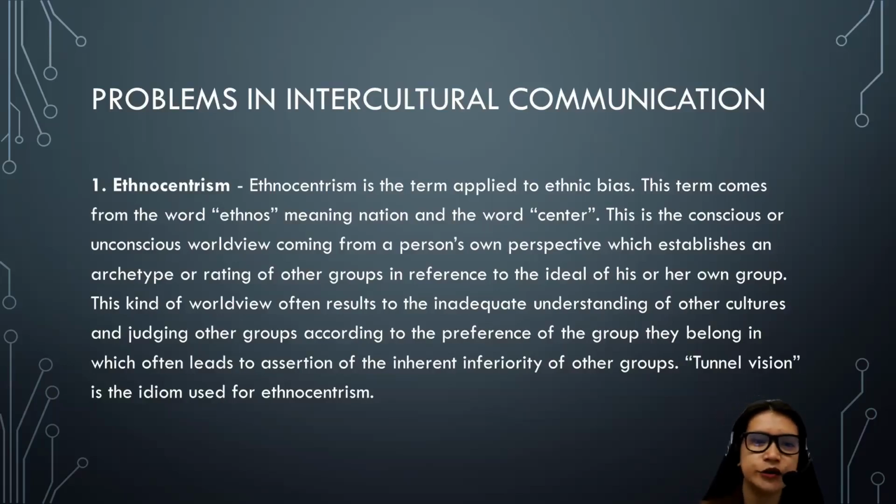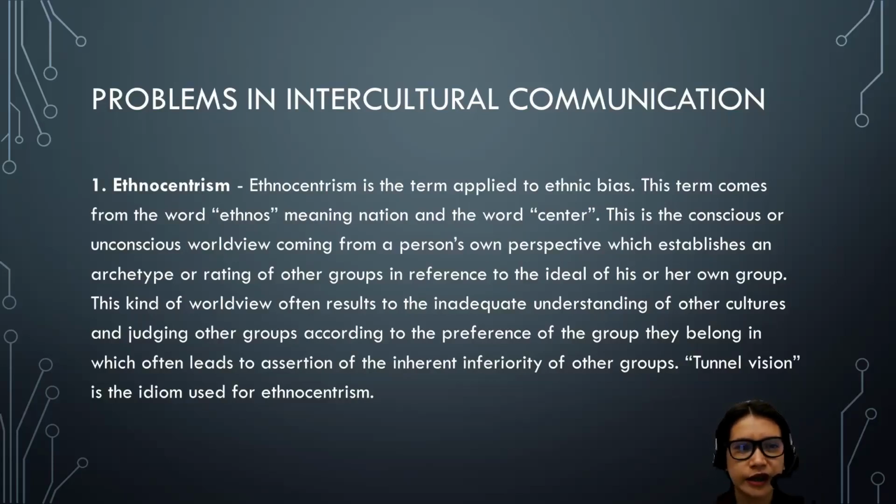Ethnocentrism. Ethnocentrism is the term applied to ethnic bias. Okay, so there's a bias happening here. The term comes from the word ethnos, meaning nation, and the word center. This is the conscious or unconscious worldview coming from a person's own perspective, which establishes an archetype or rating of other groups in reference to the ideal of his or her own group.